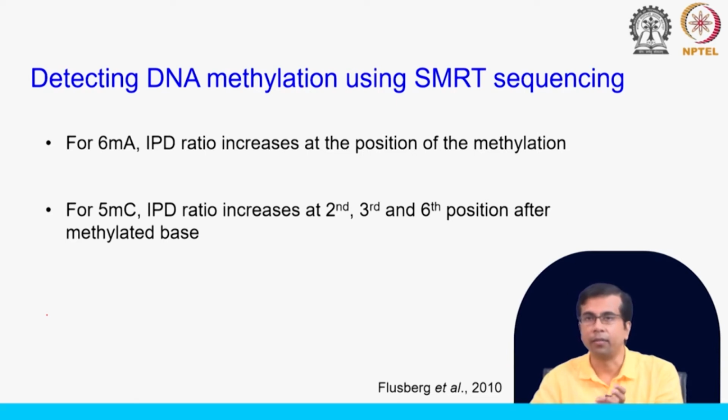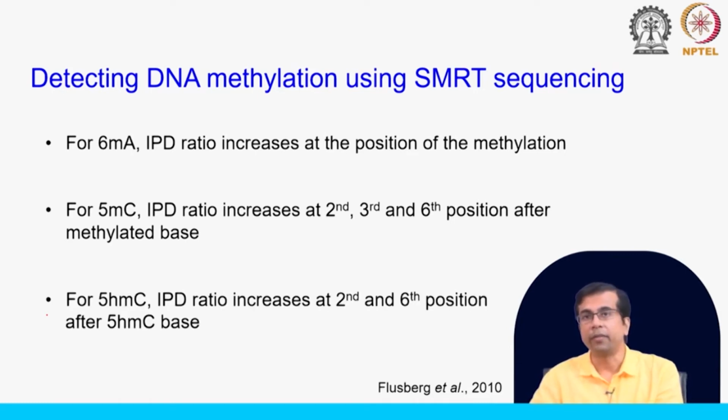Again, we still do not understand why that is the case, how they influence the IPD values at these positions after the methylation, but this is what they observed. Again, this is with respect to a specific sequence context, so if you change the sequence context, these values might change. Before you actually apply these methods, you probably have to optimize and look at these controls.